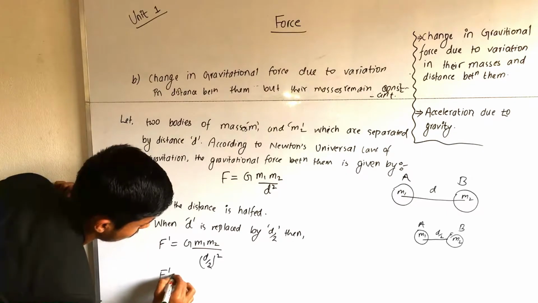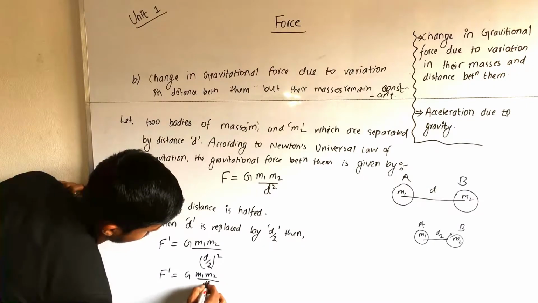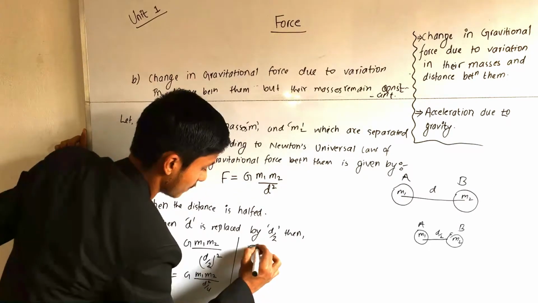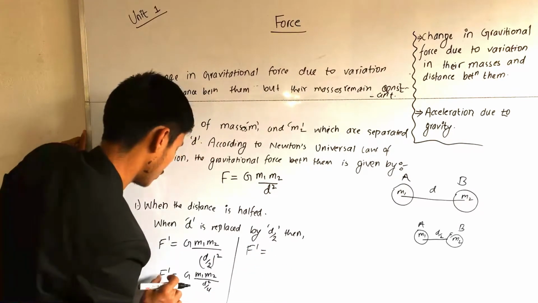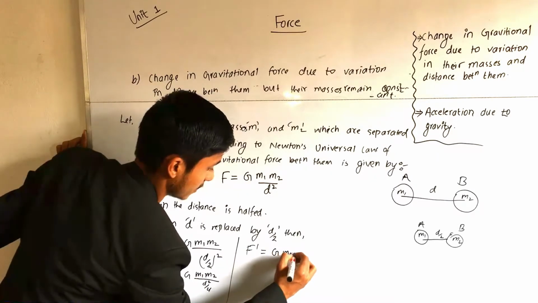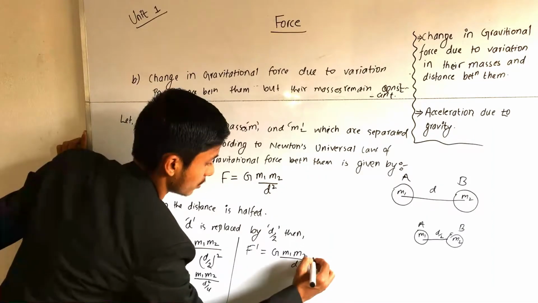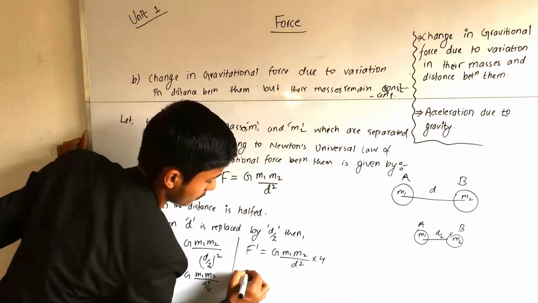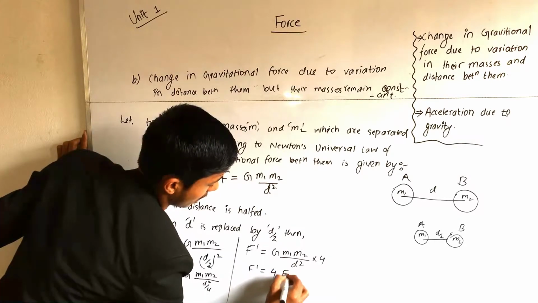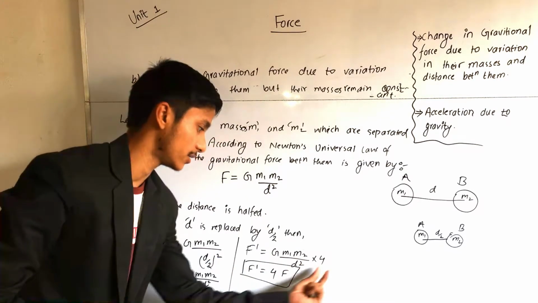That is, F' is equal to G m1 m2 by d square upon 4. We write F' is equal to G m1 m2 by d square, and this 4 goes up, so into 4. That is, F' is equal to 4 times of F. Instead of this we have put here F, and here this 4 comes.